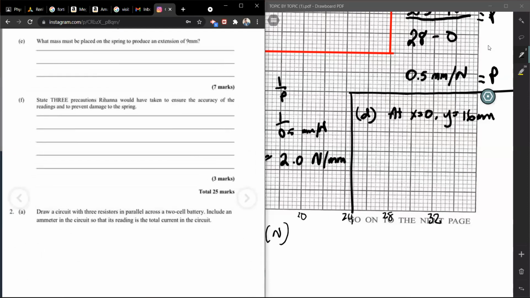What mass must be placed on the spring to produce an extension of 9 millimeters? Can you use the Hooke's law formula? I have the spring constant and the extension. There are 7 marks for 1 question.